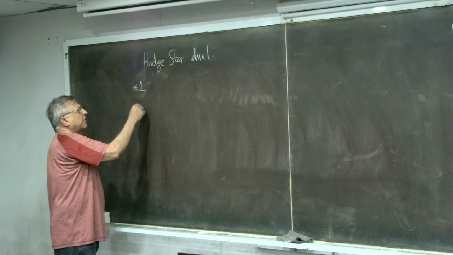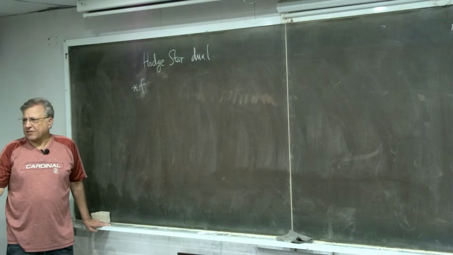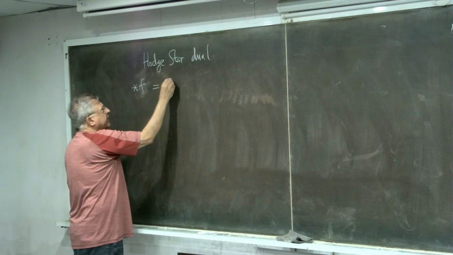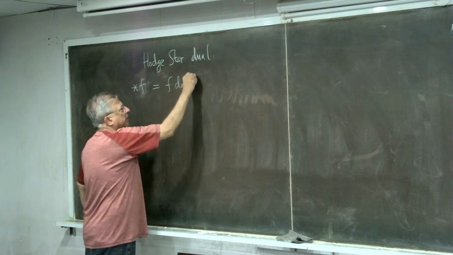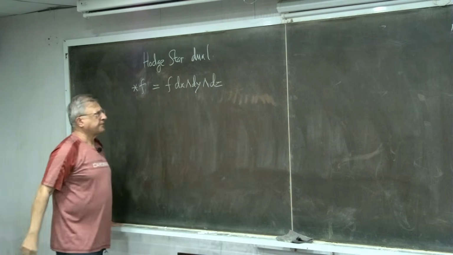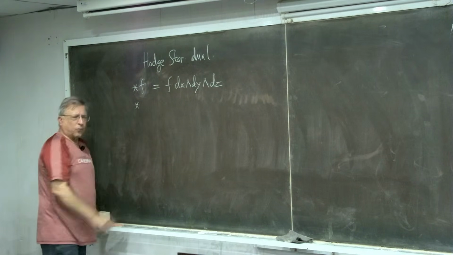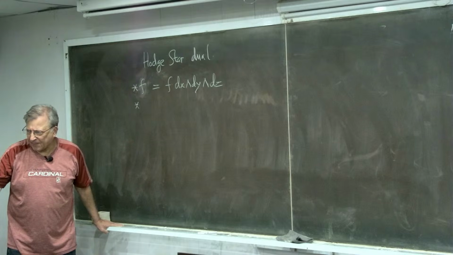Any function over here. Okay, let's make it an f. F is a 0 form. Then by definition, this is f. What's the next form? 1 form.